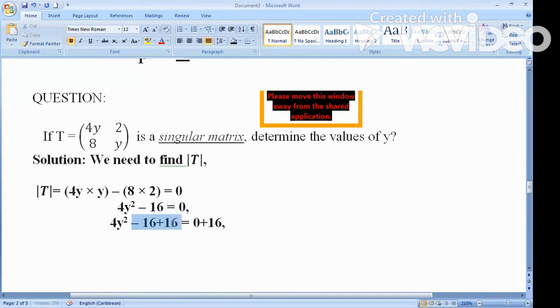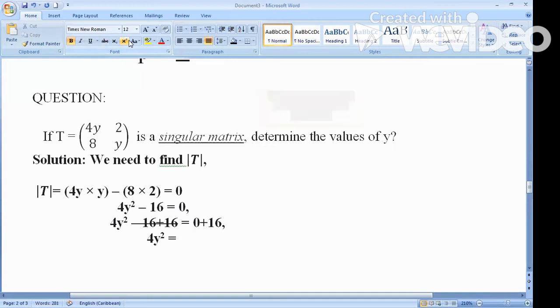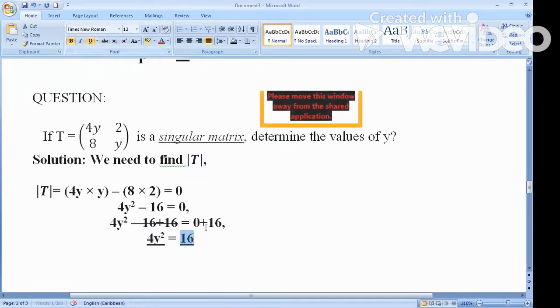And we know this is equal to 0, so what's left is 4y squared equals 16. Then we divide everything by 4.